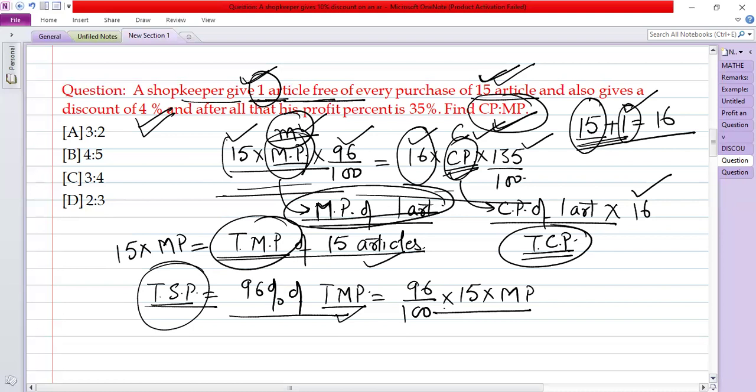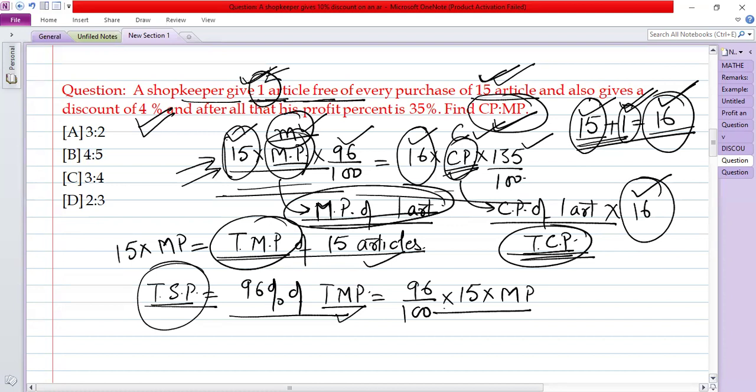So that's why we are calculating the total cost price for 16 articles. And here we had only 15 articles because we are calculating the discount for 15 articles only. The one free article has to be counted while calculating the total cost price.